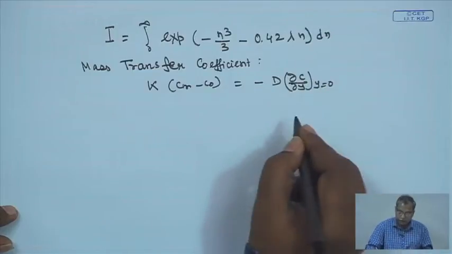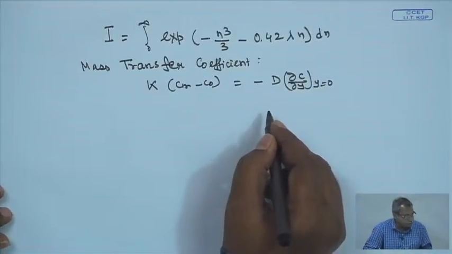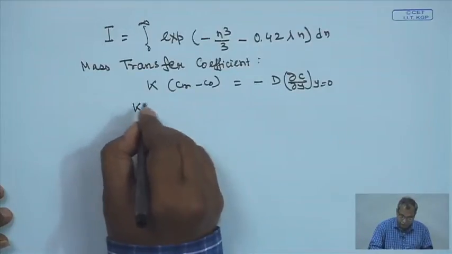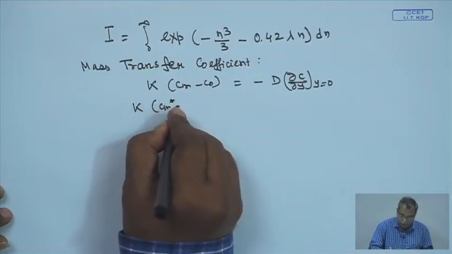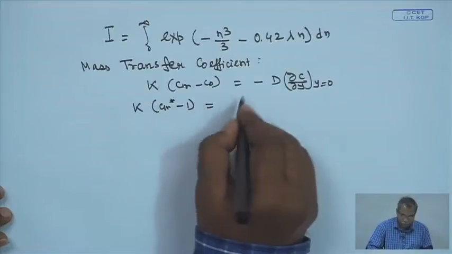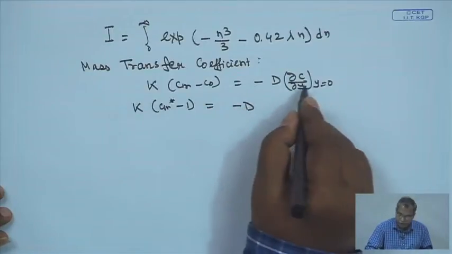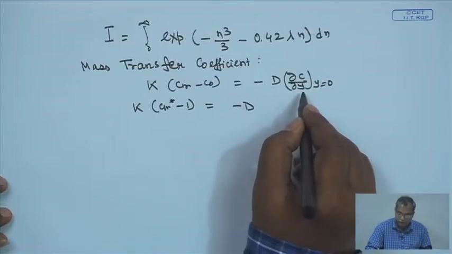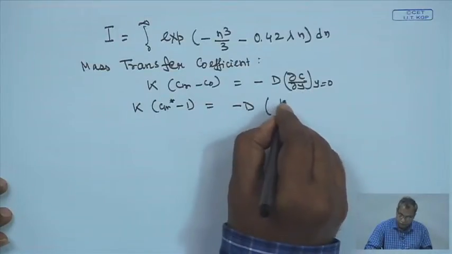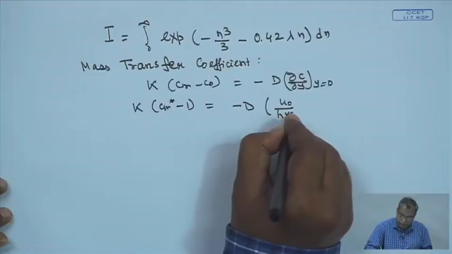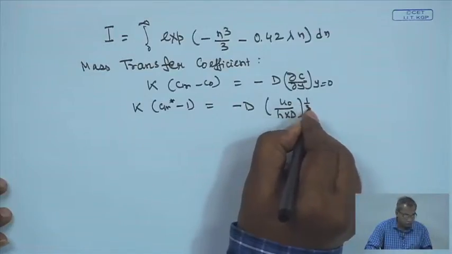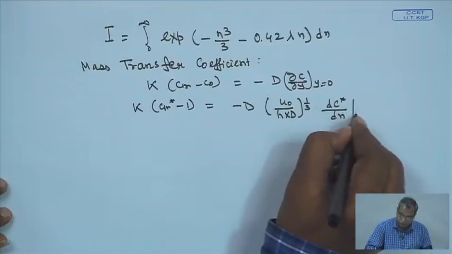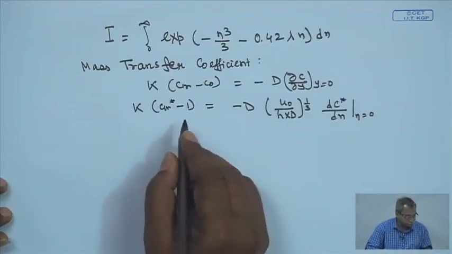That will be a typical definition of film mass transfer coefficient. We make it non-dimensional: k Cm star minus 1 is equal to minus D. We replace del C del y in terms of the similarity parameter eta, so this becomes u 0 h x D to the power 1 upon 3 times d c star d eta evaluated at eta equal to 0.